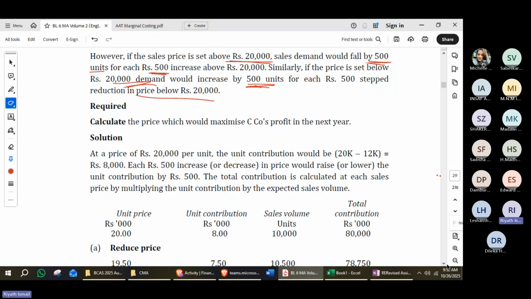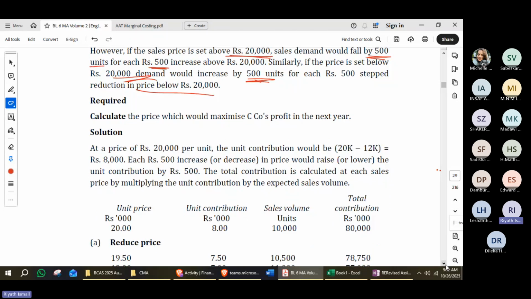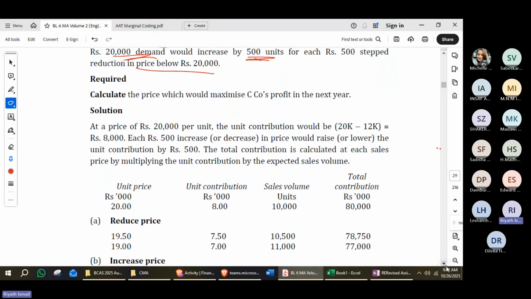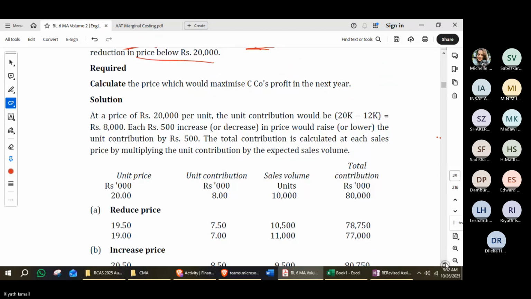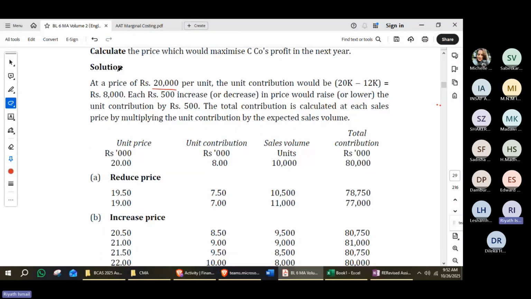The question is, calculate the price which would maximize the company's profit in the next year. The selling price is 20,000 rupees and the variable cost is 12,000. Therefore, the unit contribution is 8,000.